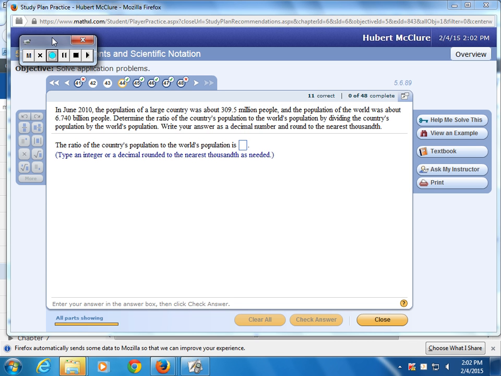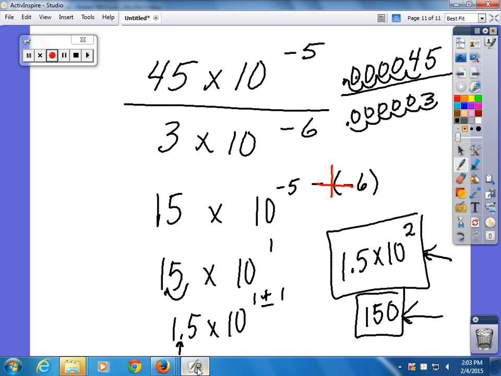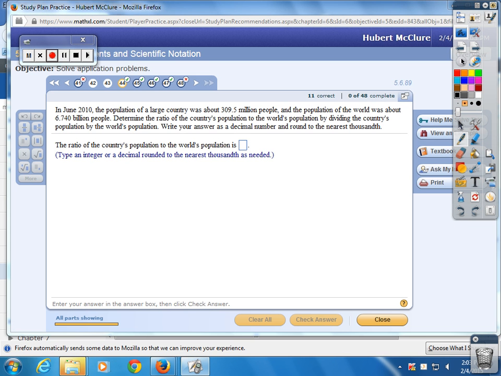So I'm going to write 3.095, $309.5 million. I'm just going to write that out. 309.5 million.